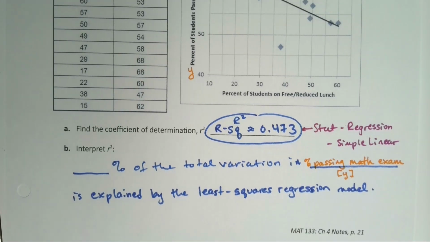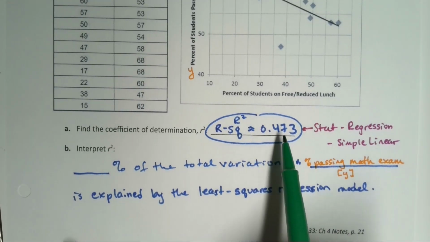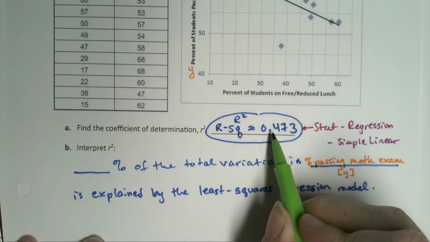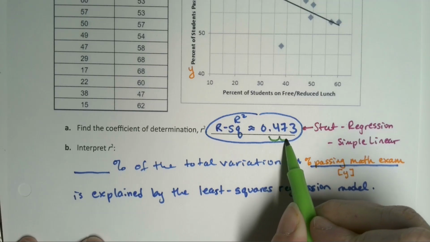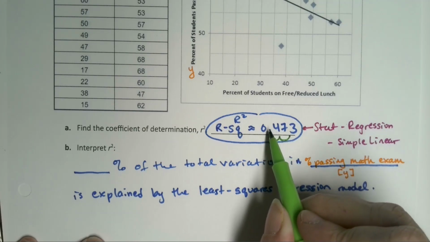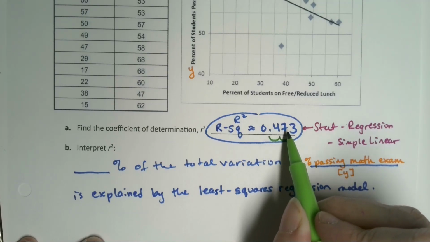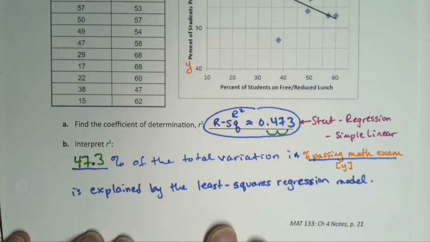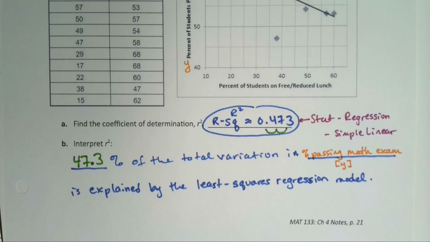And then we have to turn our value, which is a decimal currently, into a percent. So we multiply it by 100. In other words, you move the decimal 2 spots over, right? Take it from this place to the hundredths place. And so it becomes 47.3% of the total variation in the percent passing the math test is explained by the least squares regression model. Or you could say least squares regression line. Stick with that script and do not deviate.